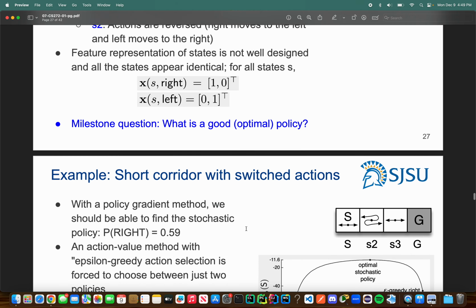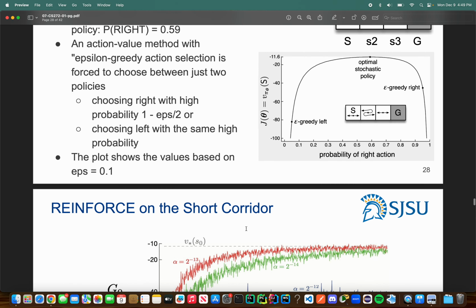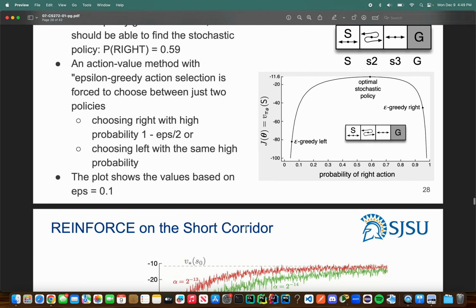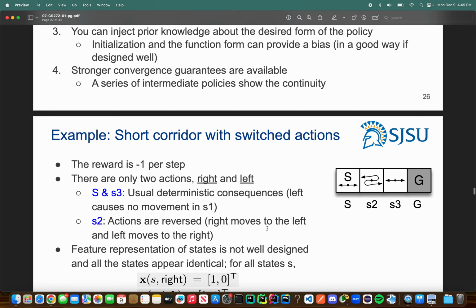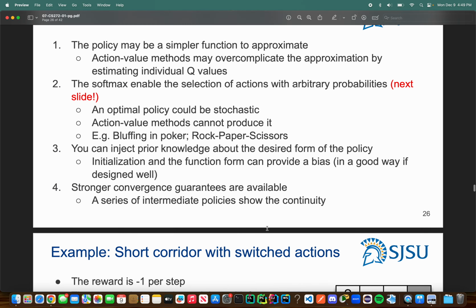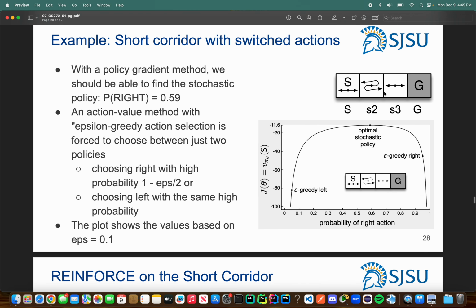This switched corridor is a pretty good example of how things can become a bit more challenging, especially when you want to build an optimal policy using policy gradient. In this particular example, you have states, all of them deterministic except for S2, which has its actions reversed.